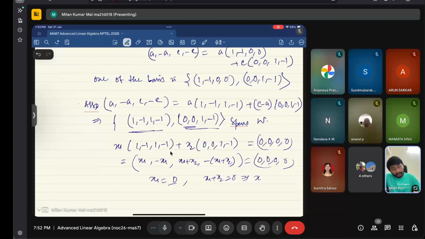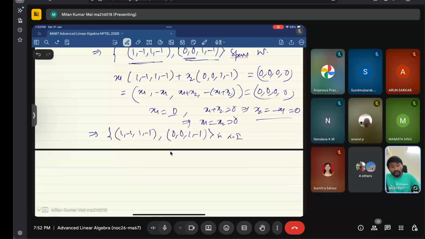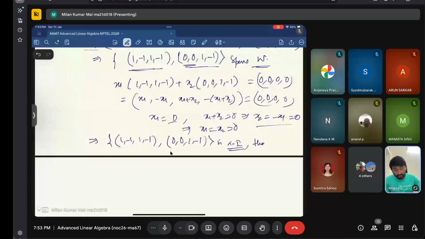That says x2 must be minus x1, which is actually 0. So x1 equals x2 equals 0. That says the set is linearly independent. So this spans the set W and this is linearly independent. That is a basis of W. So that's why these two are bases.